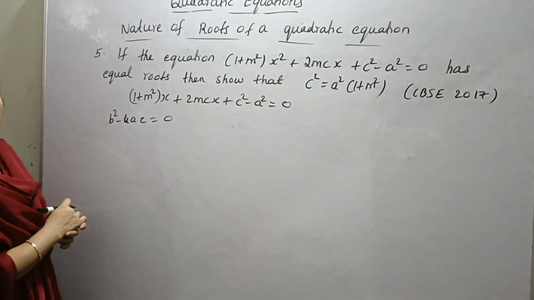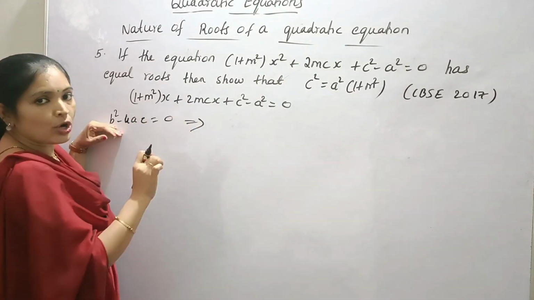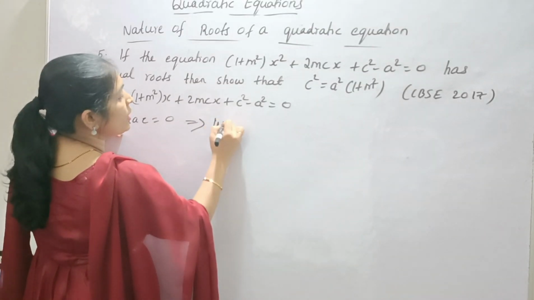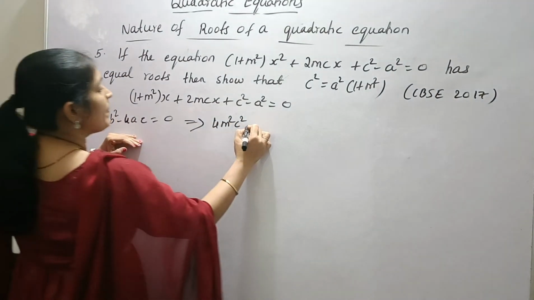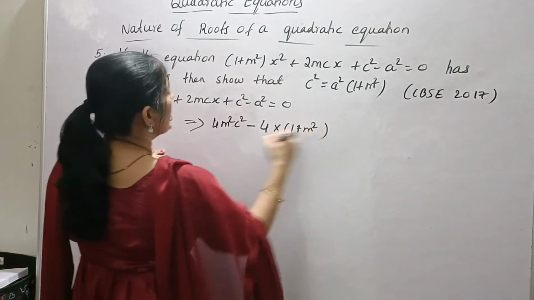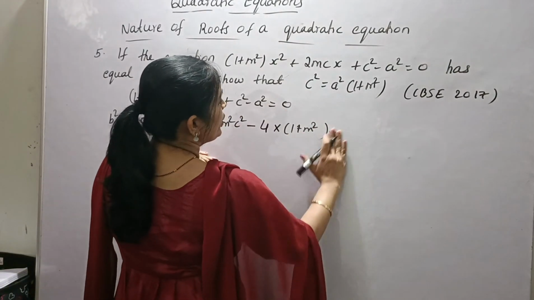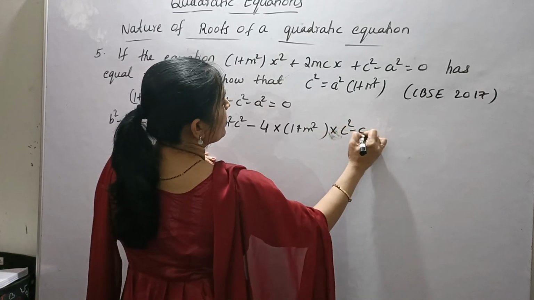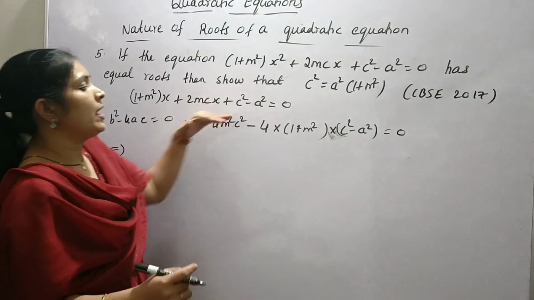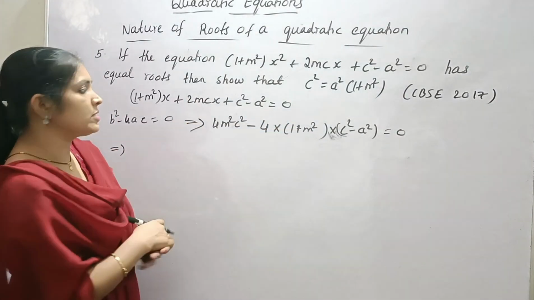Right? That implies here what is b? Coefficient of x is 2mc, 2mc square is 4m square c square, minus 4 into a is 1 plus m square, c is constant term, sorry, into c square minus a square, that is equal to 0. This implies, see here in both terms 4 is common, we can take it out and take to right side, it will be 0, okay.